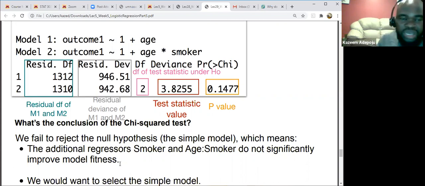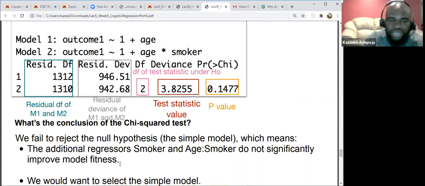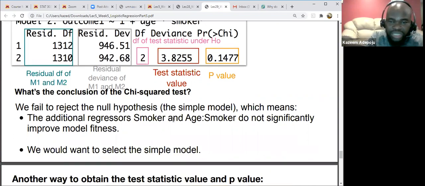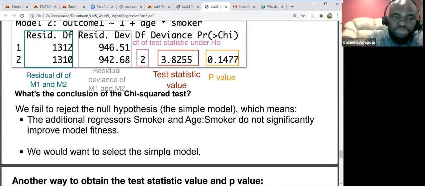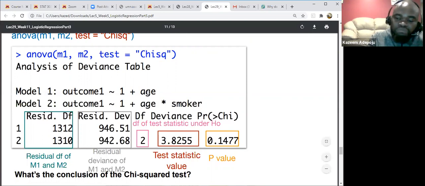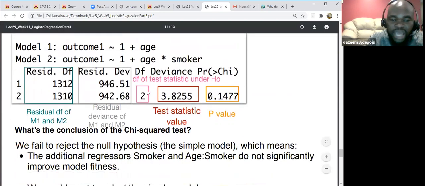It could be old age. And you can actually see that right here. So this supports the fact that smoker does not significantly improve the model fitness, so we will want to select the simple model. It means as far as mortality is concerned, based on what we have investigated right now, age is the major potential factor.